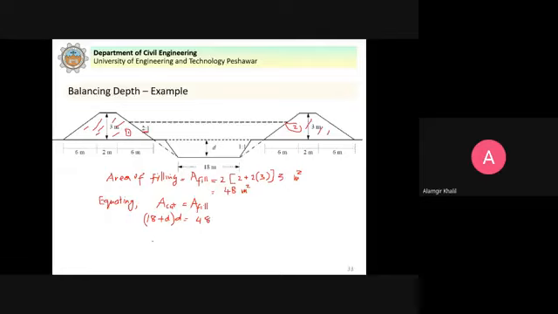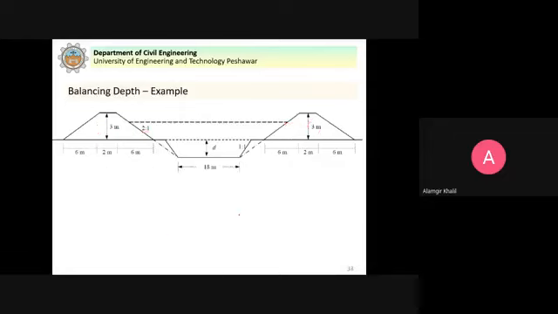Now we can just simplify. So this will be D square plus 18 into D minus 48 equal to 0. So this is now a quadratic equation.